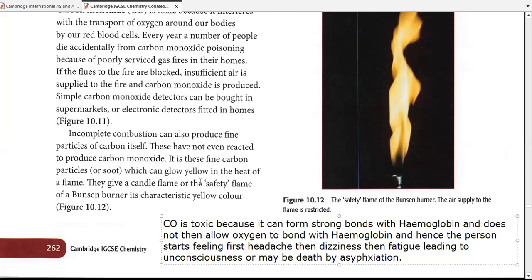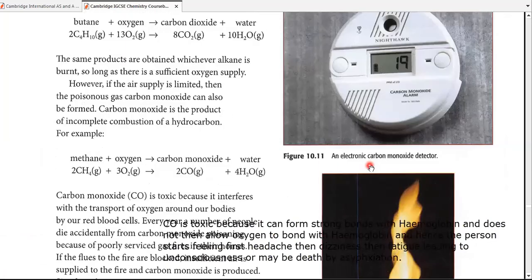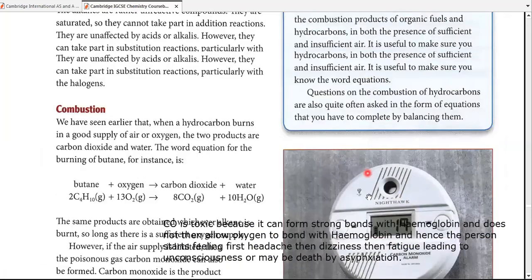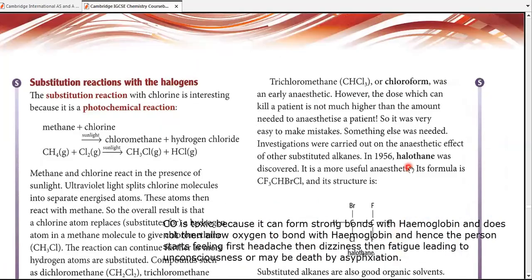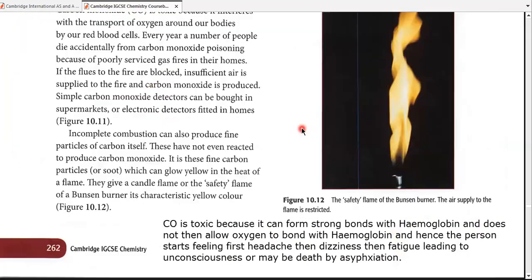They give a candle flame or the safety flame of a Bunsen burner its characteristic yellow color. Are we clear? So I hope that clarifies the whole use of these carbon monoxide detectors and why we have a yellow color in the flame when there is insufficient supply of air or oxygen.